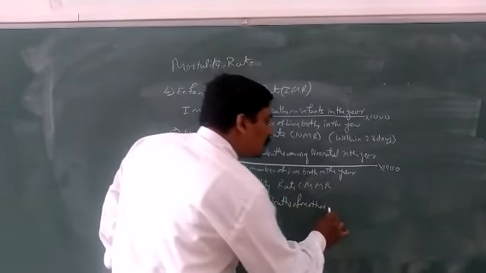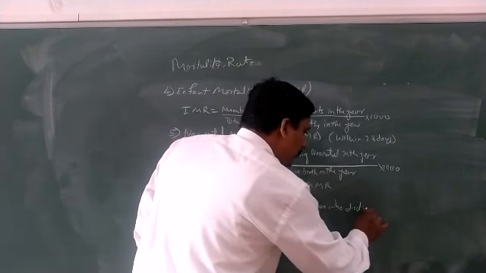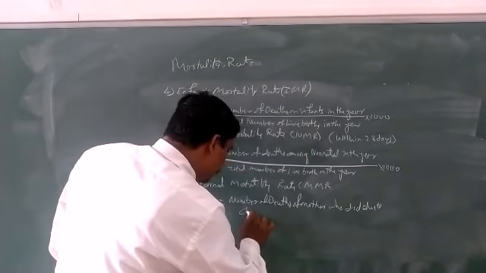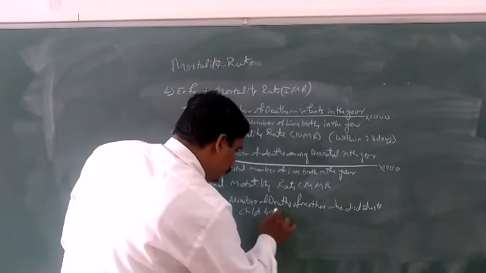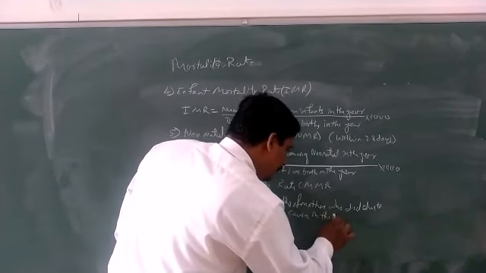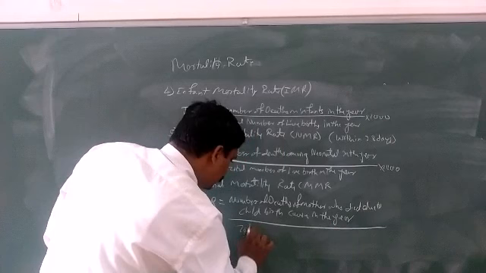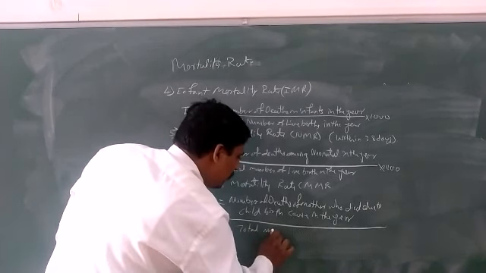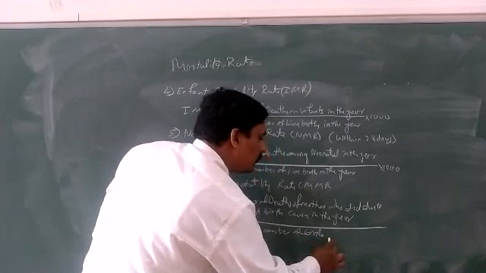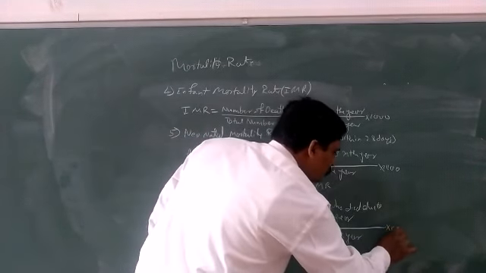So the number of deaths among mothers who died due to childbirth cause in the year, divided by the total number of births in the year, into 1000.